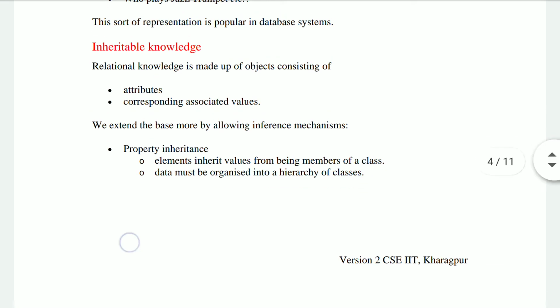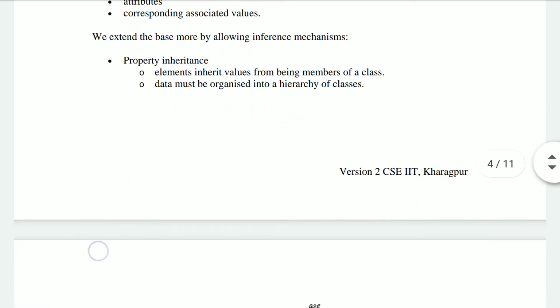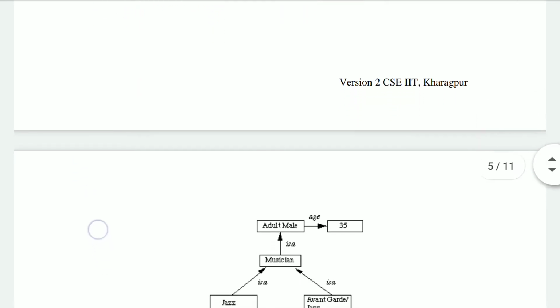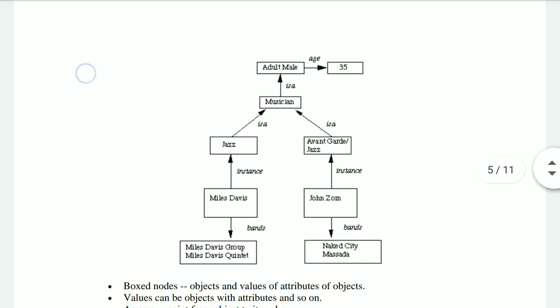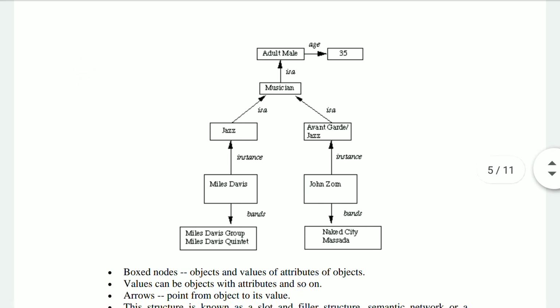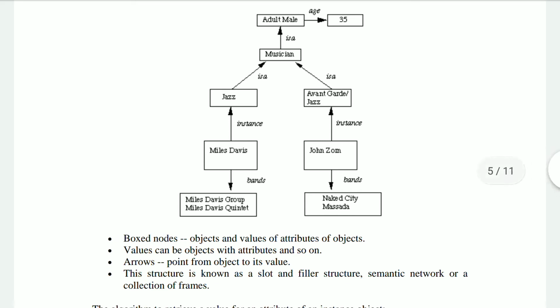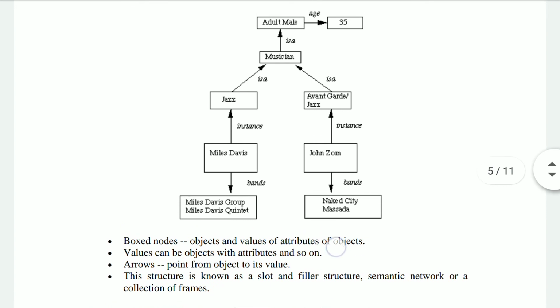Now let's see what is meant by belonging to a member class and the hierarchy of classes. We have a typical example here. Before we move to this particular diagram and its explanation, the boxed nodes that you see here are objects and the values of the attributes of the objects.